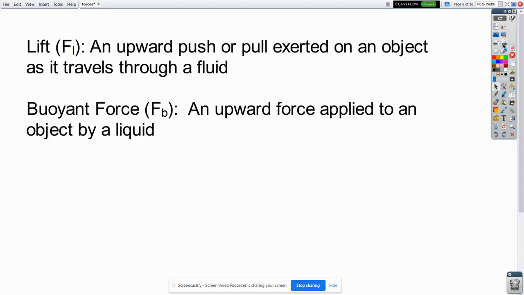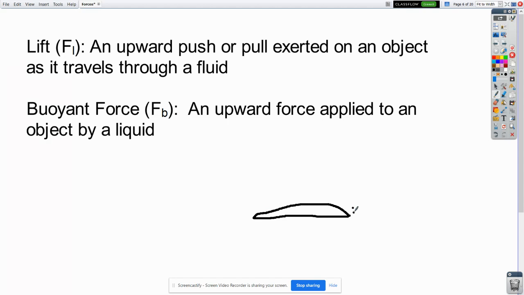Lift is another contact force. It's the upward push or pull exerted on an object as it travels through a fluid like air or water. It's produced by an object that has a curved surface on one side and a flat surface on the other.